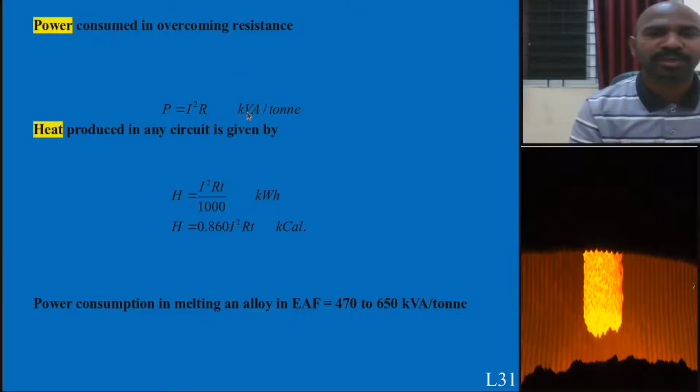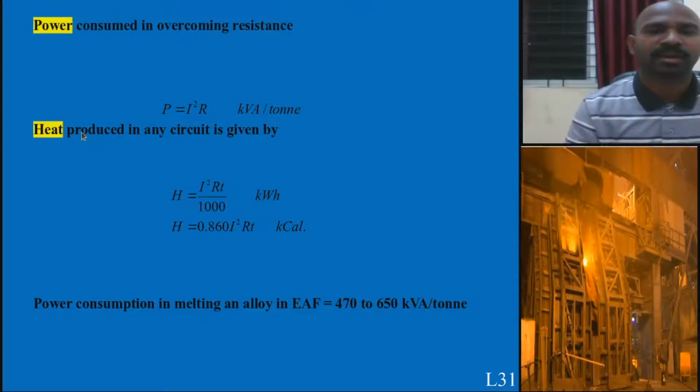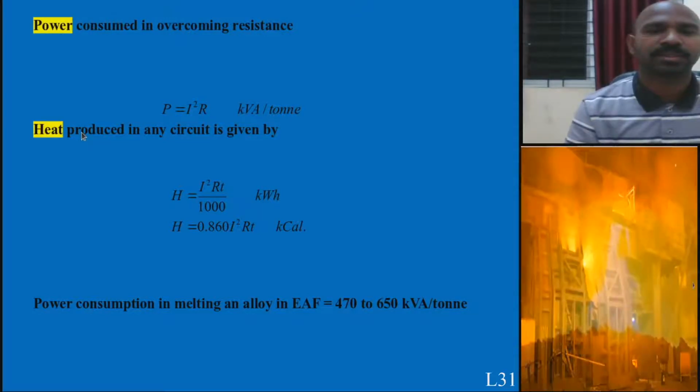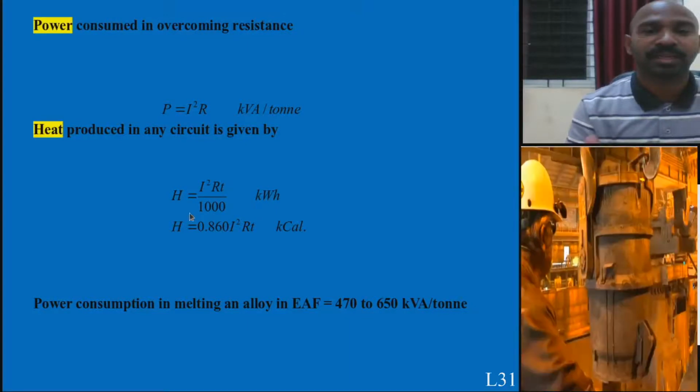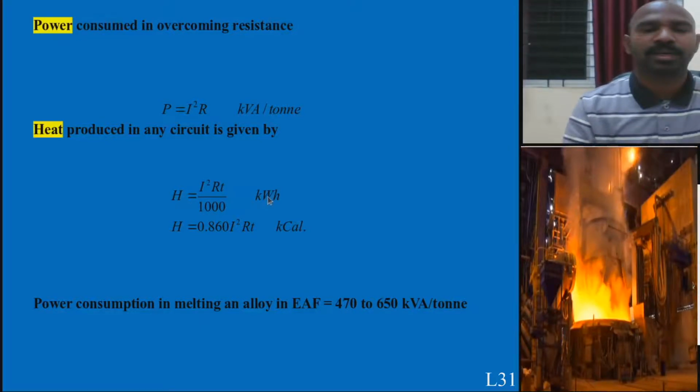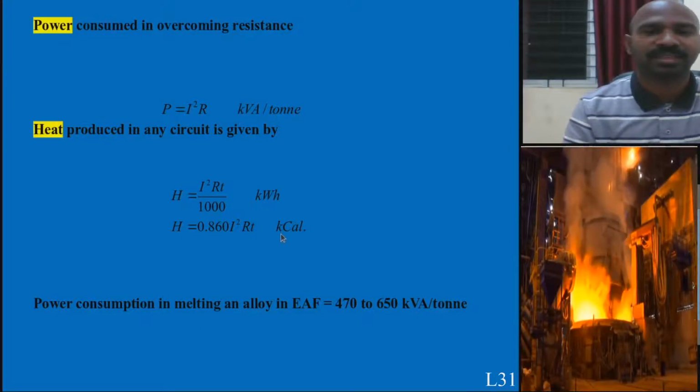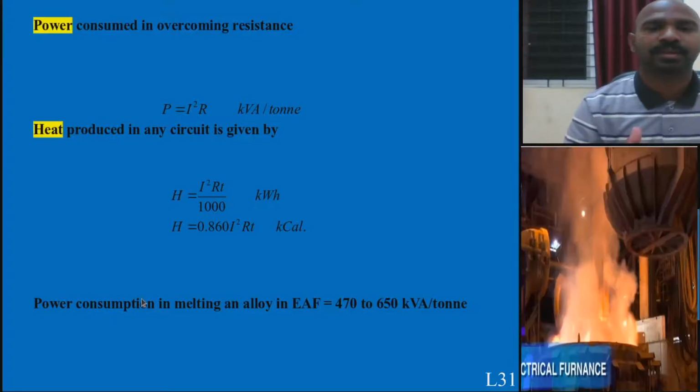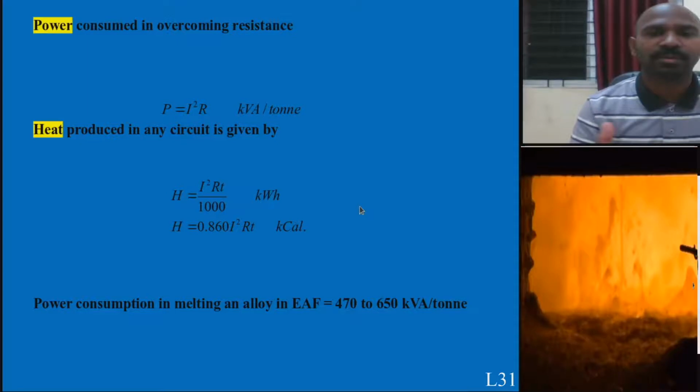And how much heat is produced? Heat evolved, whether exothermic or endothermic, can be calculated by H is equal to I square RT by 100 kilowatt hours, or in kilocalories 0.860 I square RT.